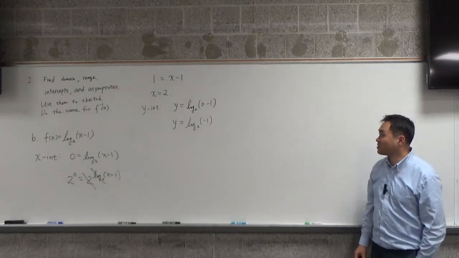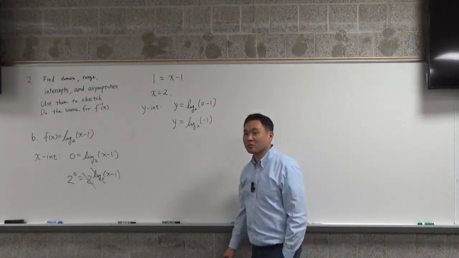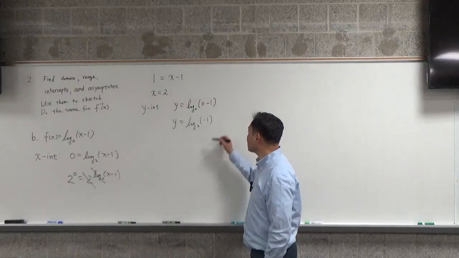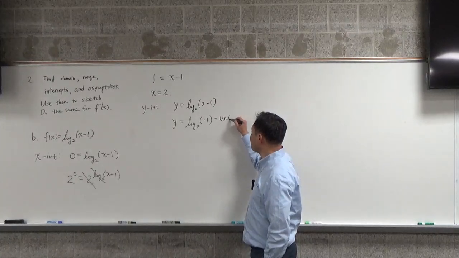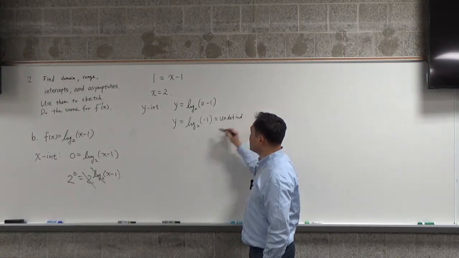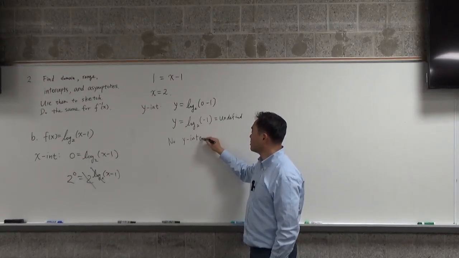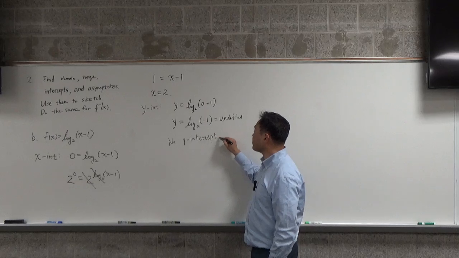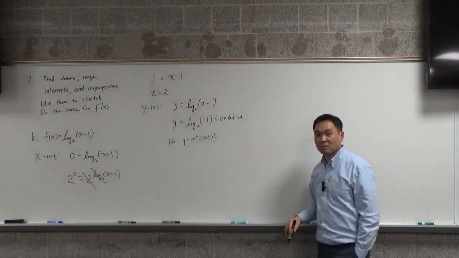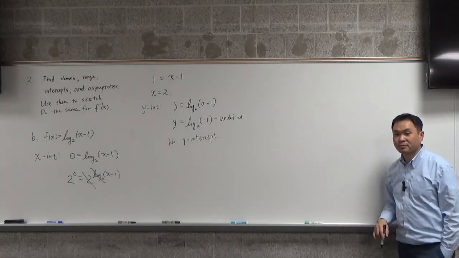You can't do that. That's the correct answer, okay? You can't plug in 0 or negative inside the log, so this will be undefined. So that means no y-intercept. In other words, the graph will not pass through the y-axis.